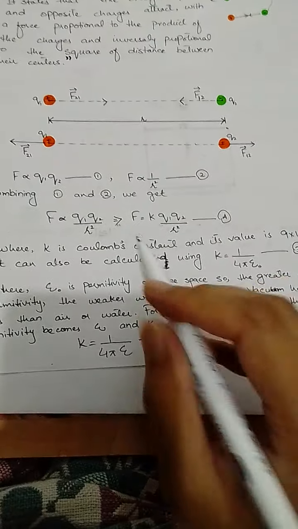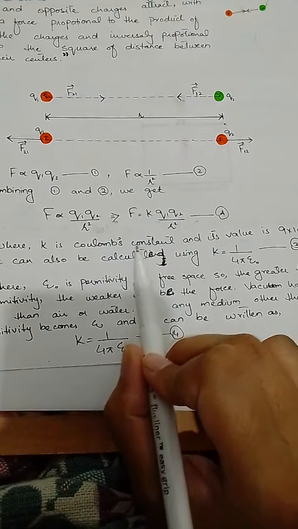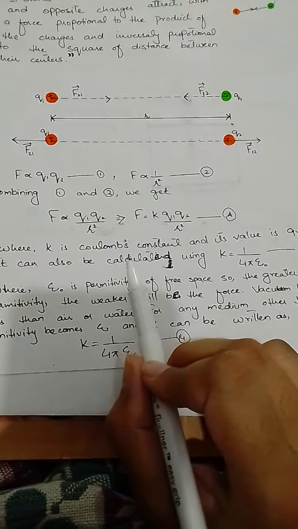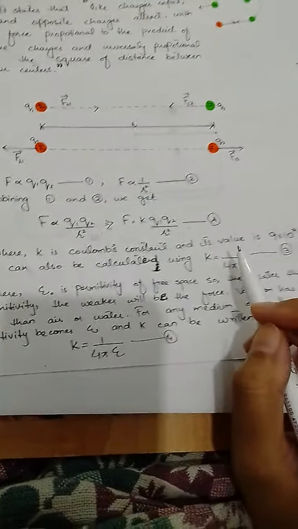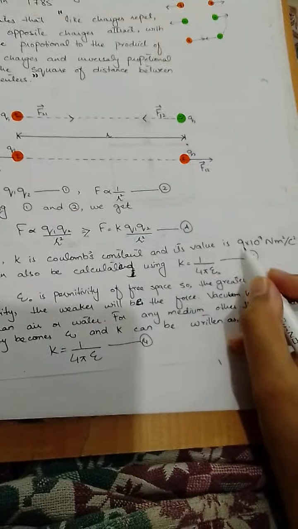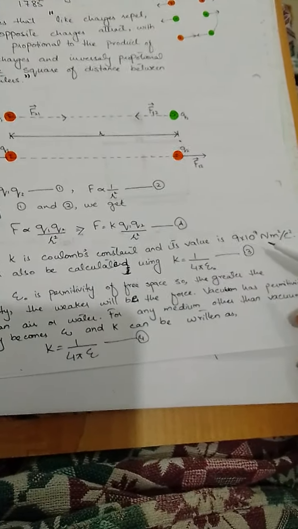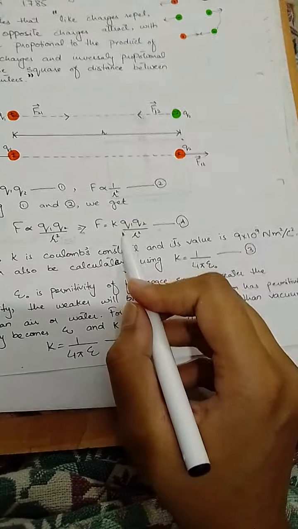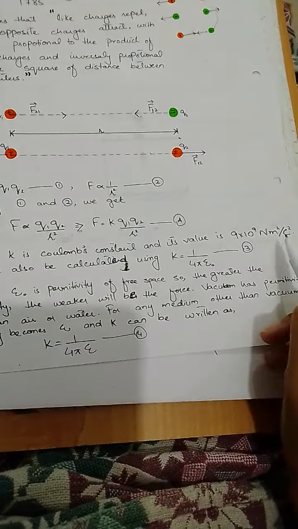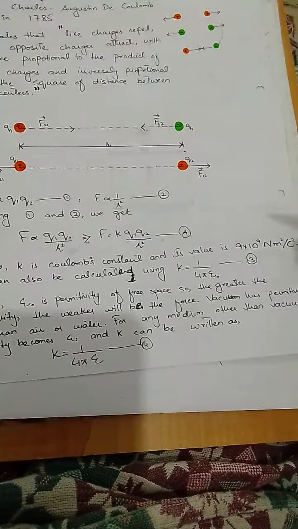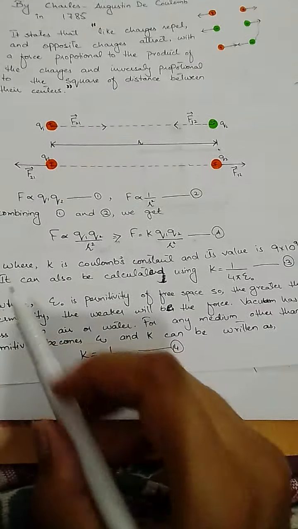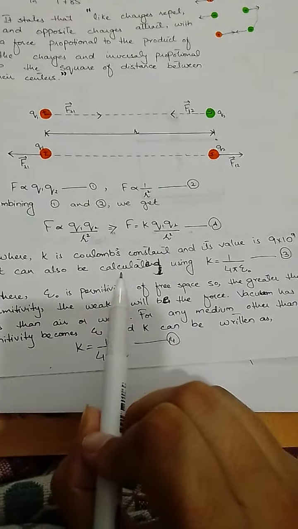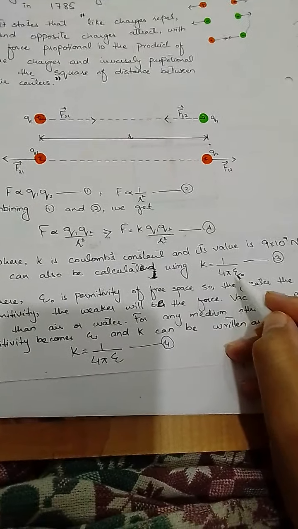You've already studied constants of proportionality, but here it has a name. It's called Coulomb's constant, and it has a value of 9 into 10 raised to the power 9 Newton meter squared per Coulomb squared. Okay, Newton meters for the charges and Coulomb squared per Coulomb, right? It can also be calculated using K equals 1 by 4 pi epsilon naught.